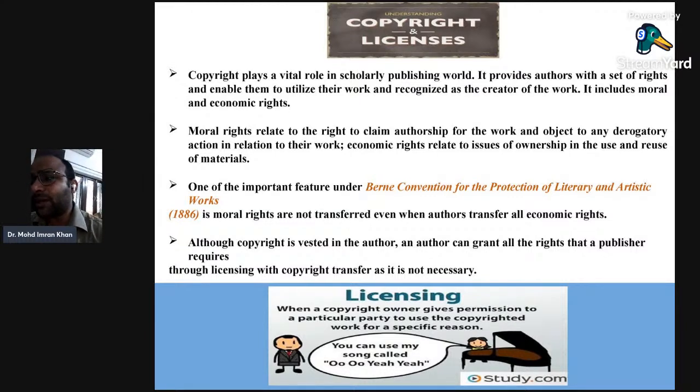And one more thing in copyright which we need to understand in comparison to other types of IP is that copyright is an automatic right. It is not something which you have to acquire. Obviously, you can go for registration. It's optional under the law.